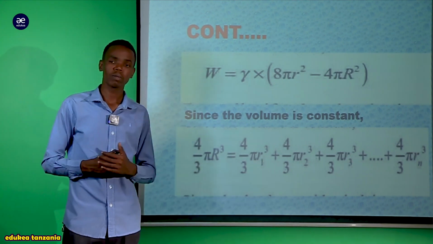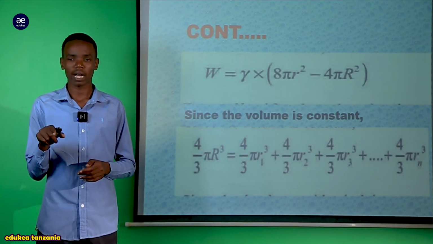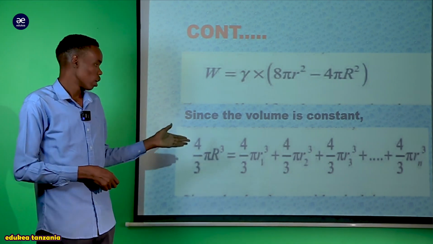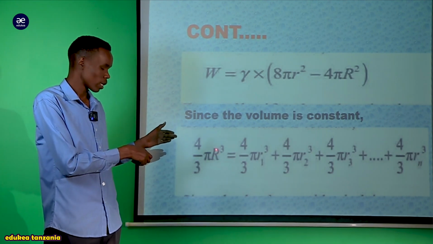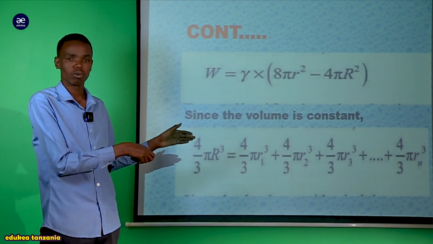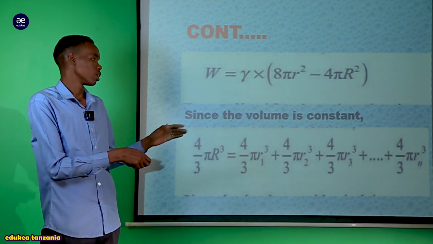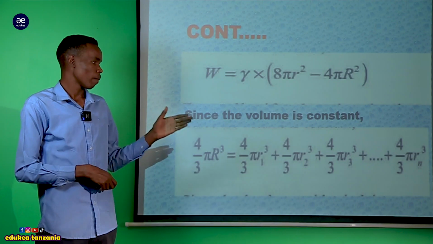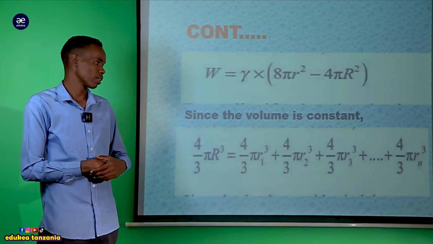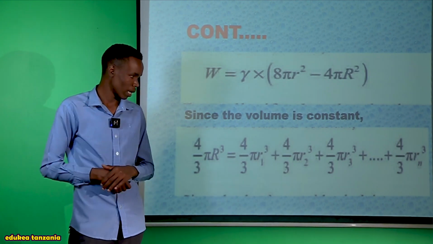Kwa tukishasubstitute pale formula ya volume ambayo ni 4 over 3 pi r cube, kwenye a single liquid droplet tutapata ni 4 over 3 pi capital R cube, then equal to 4 over 3 pi r1 cube, then we add 4 over 3 pi r2 cube, then we add 4 over 3 pi r3 cube, as we see here, we add dash 4 over 3 pi rn cube, my lovely students.